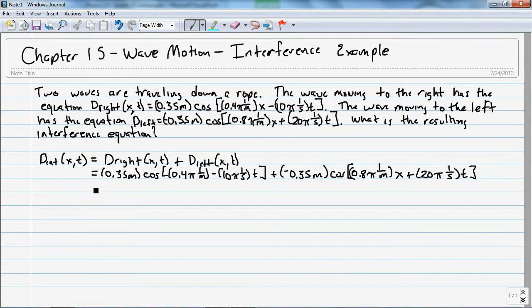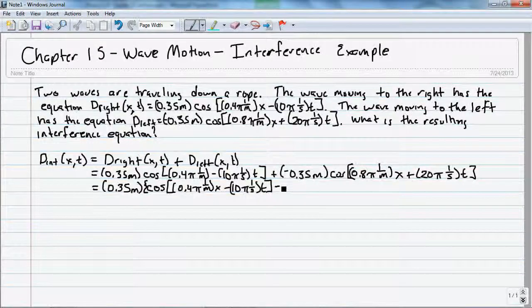And we can simplify this a little bit. We can pull out the 0.35 meters, and that leaves us with 2 cosines: 0.8 pi per meter x plus 20 pi per second times t.